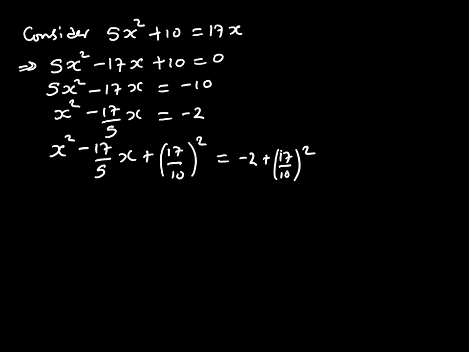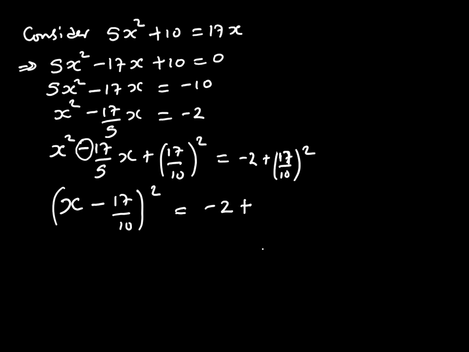Okay, so what do we get? This is 17 over 10. Now, the left-hand side, don't bother squaring 17 over 10 because this is going to condense to x. It takes this sign here. Don't forget, (x minus 17 over 10) squared equals negative 2.